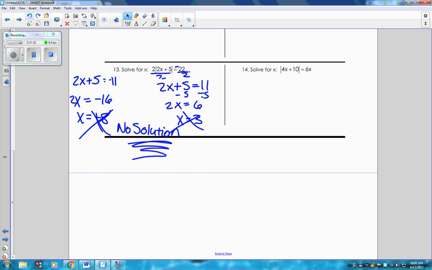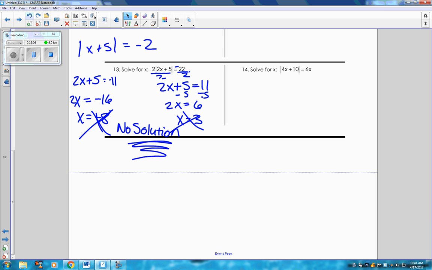I have a question real quick. Will there ever be a solution for something that looks like this? The answer is no, because anytime you have an absolute value that is positive on the outside and it equals a negative number, you will never have a solution.